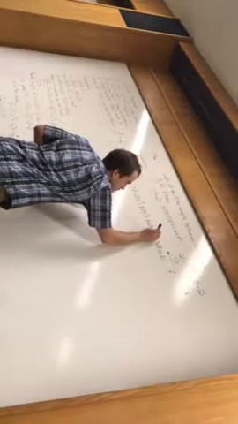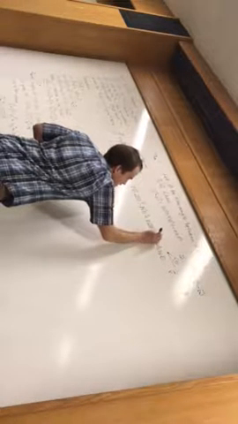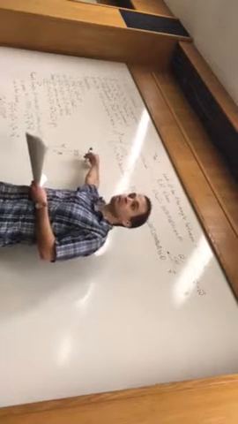That middle part's a little hard to read, so let me write it again: 2, length v, length w, cosine theta. Does everyone see how I set that up? This is the vectorized version of the law of cosines.